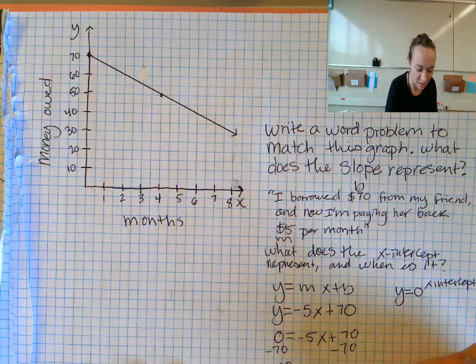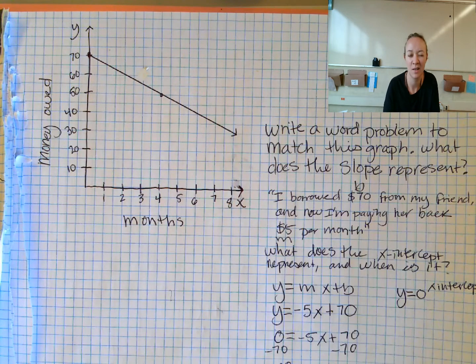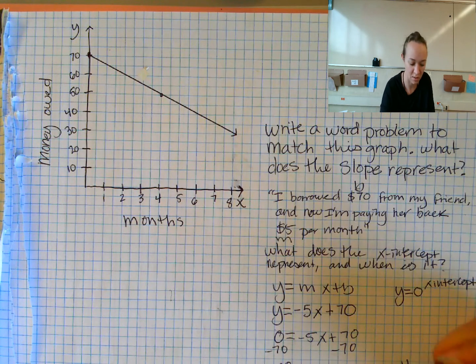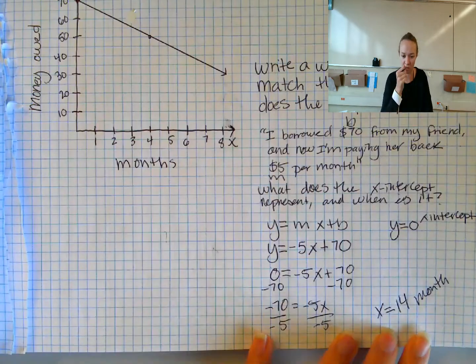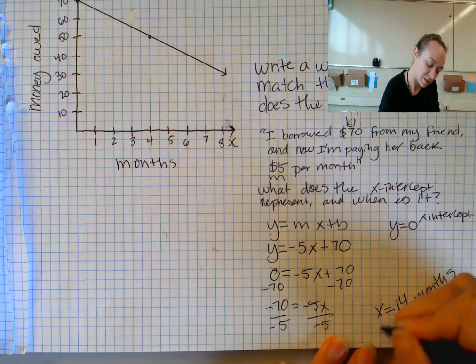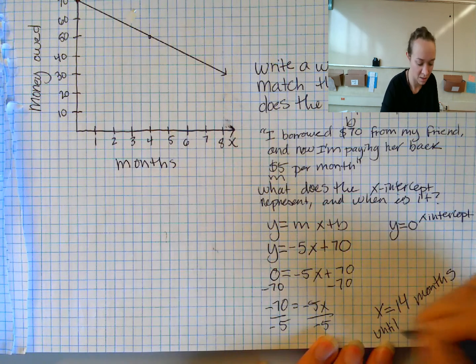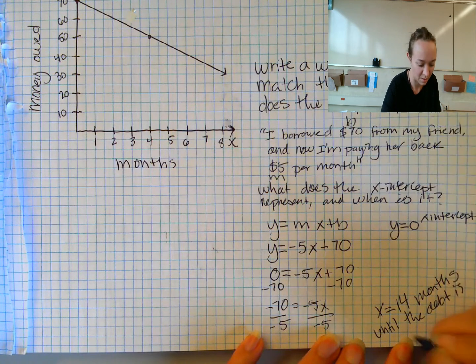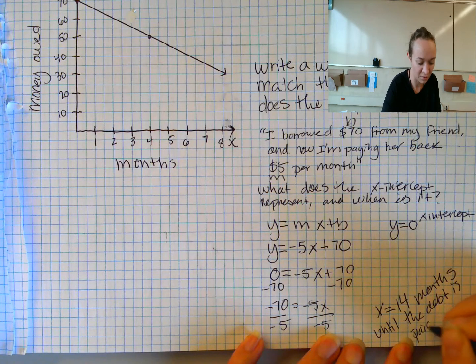And we'll see how many times that goes in. Must go in 10 times into 50. So then there's an extra 20, so that would be 4. So I'm going to say after 14 months later. That is a long time to be paying something off. Oops, sorry, you guys couldn't see that. 14 months until the debt is paid off.